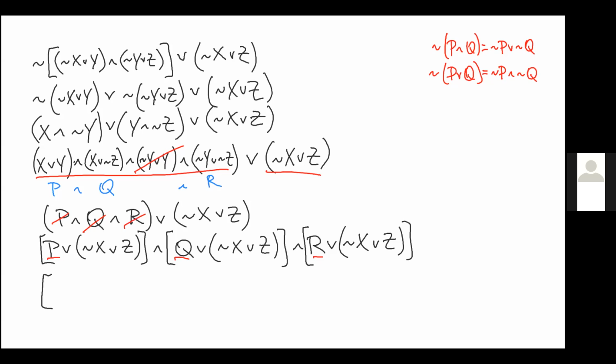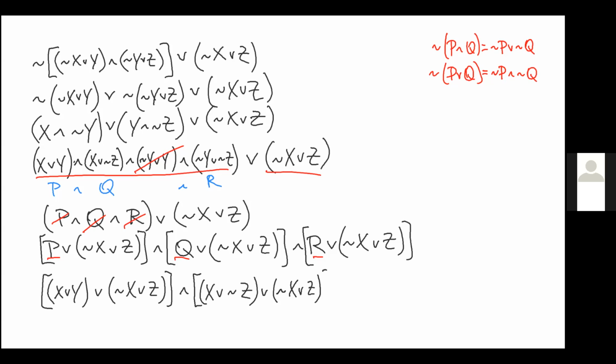So this will look like, okay, P was X or Y. Then for this second bracketed term, Q is X or not Z. And then I'll write down the rest of it. This final term, R was that piece, not Y or not Z, ORed with not X.